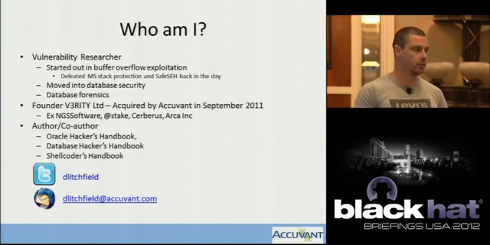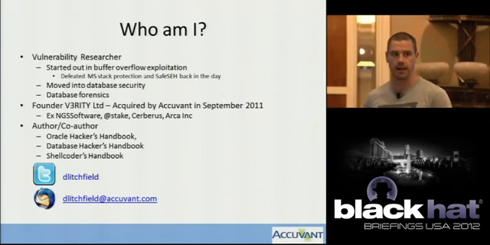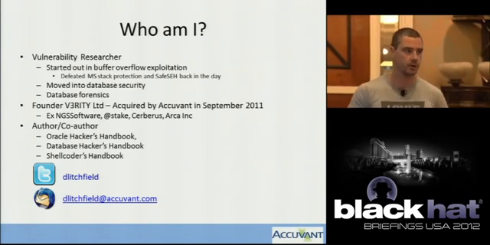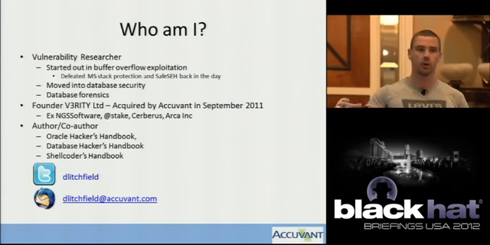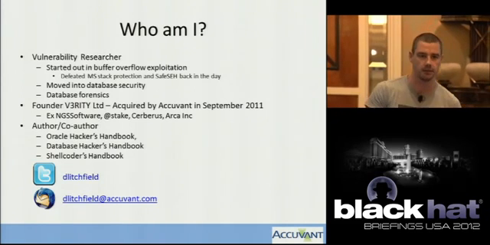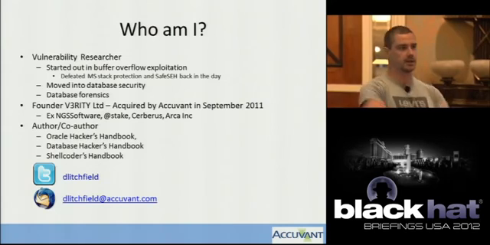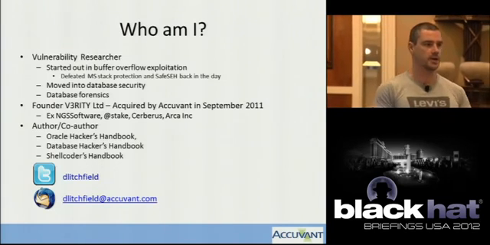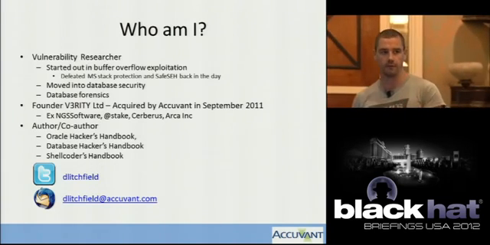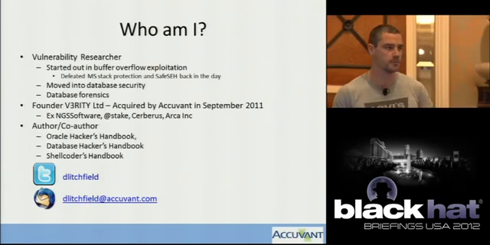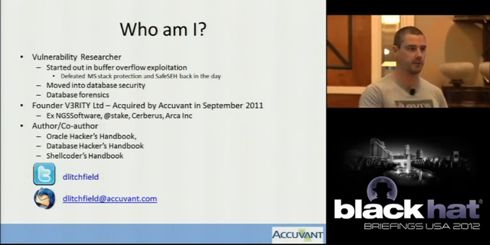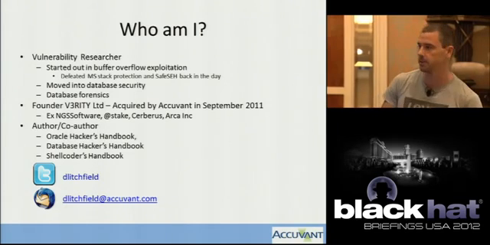I was playing around with the remote connection manager, the RAS service on Windows NT, and I put a long string of A's in the RAS phone book, and this access violation kicked off. Address at 414141, reference memory at 4141. It's like, wow, that's one of these buffer overflow things that people keep on speaking about.